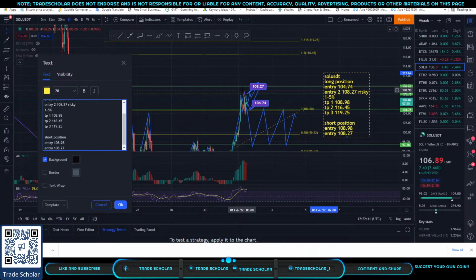You can also make that as your entry. Okay, TP1 will be 104.74. If it doesn't hold, you still have TP2 at 99.50. You're short right here.